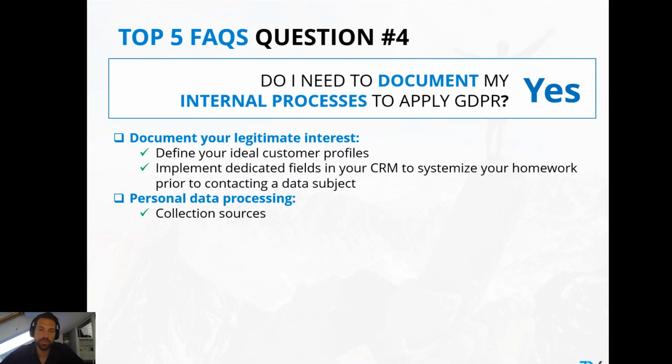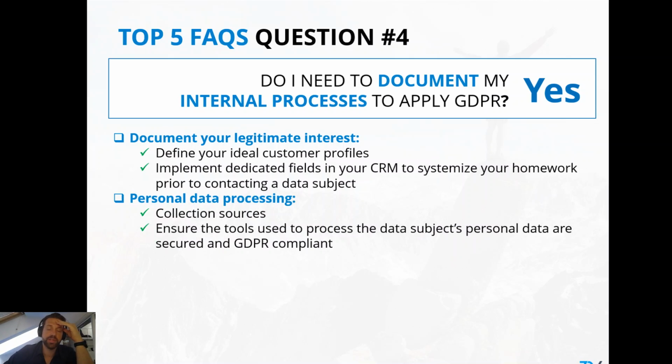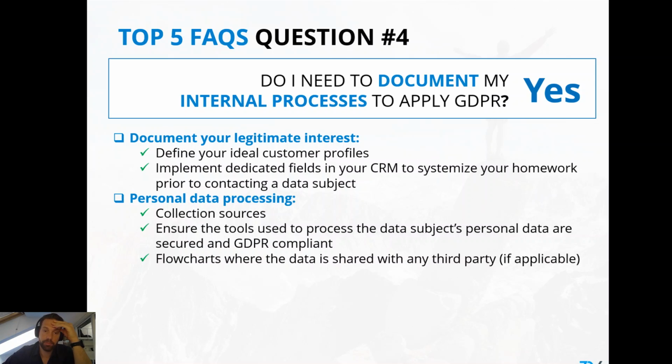Then for the personal data processing, we of course need to record from which source we got what personal data, and we need to ensure that we have a process to record and honor the data subject request. And then, of course, if you flowchart everything, it's even more transparent on how and why you respect the GDPR.